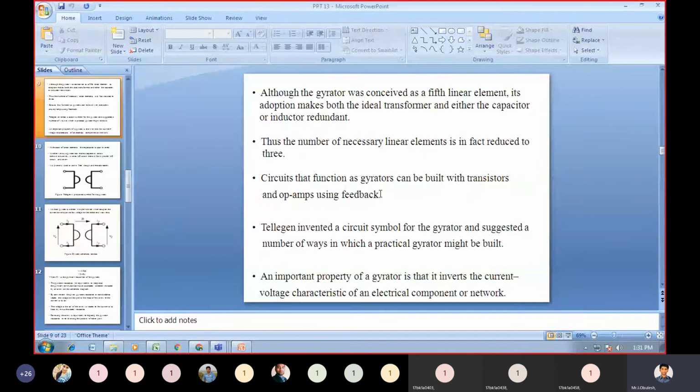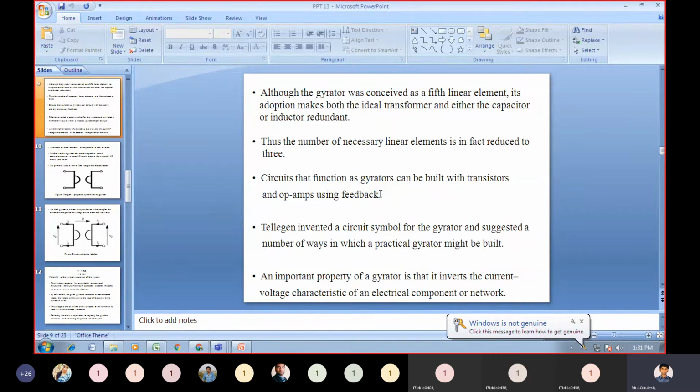Although the gyrator was conceived as a fifth linear element, its adoption makes both the ideal transformer and either the capacitor or inductor redundant. We have four conventional elements, so the gyrator was conceived as a fifth linear element.